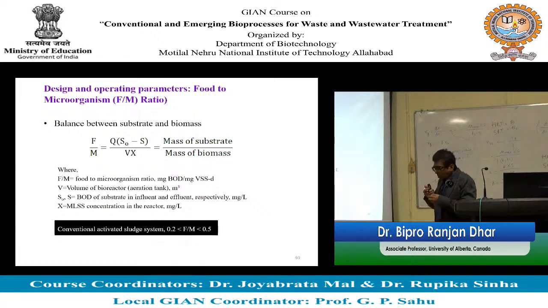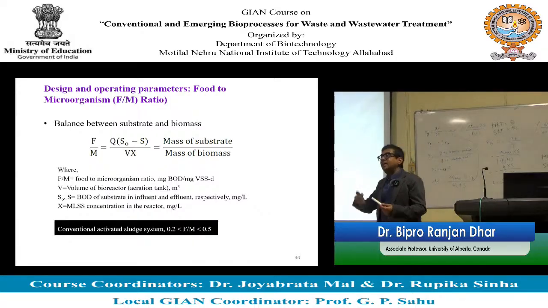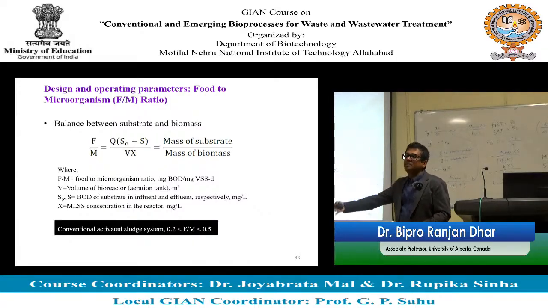For a conventional activated sludge process, it's recommended that we keep the food to microorganism ratio between 0.2 and 0.5. If it's higher than 0.5, you are going to see performance decrease, because you are asking the microbes to do more than they can do.